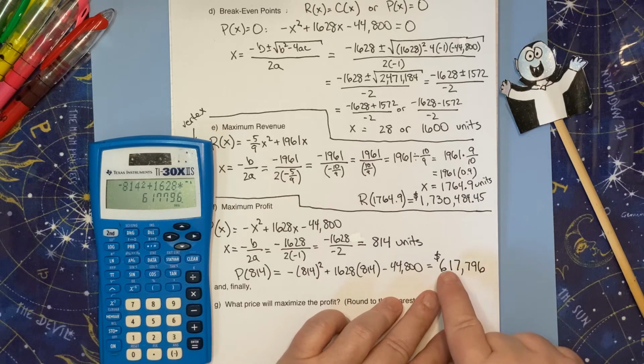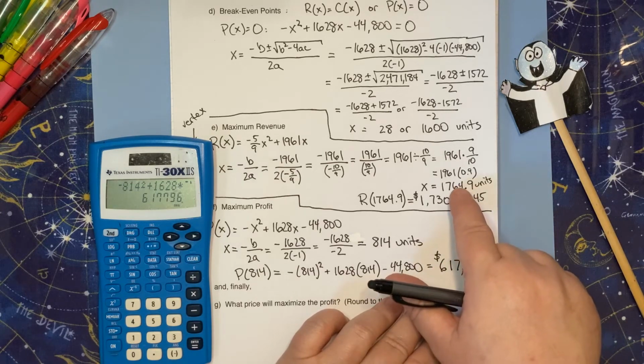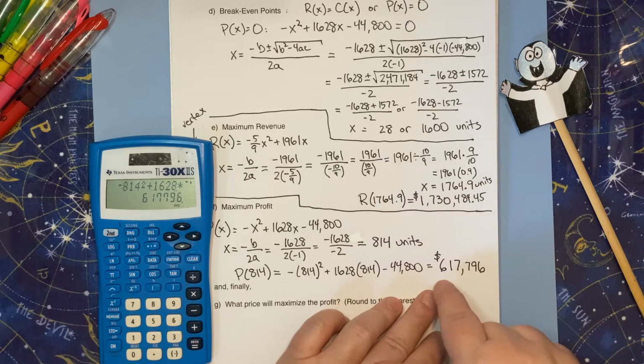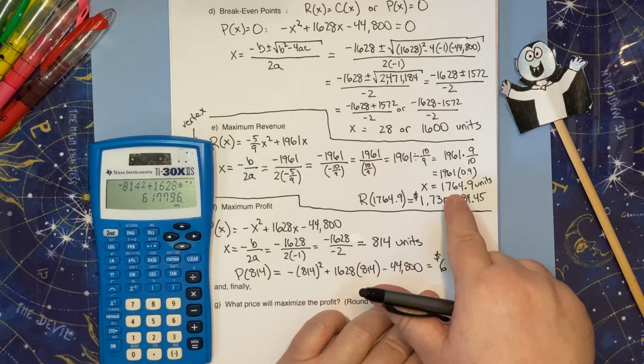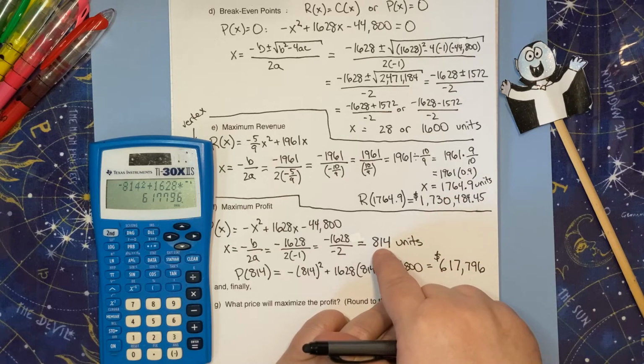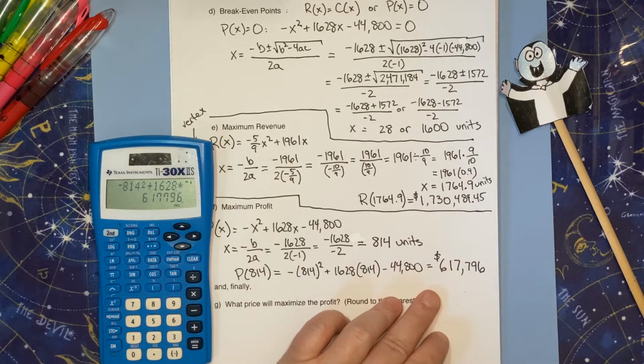And interestingly enough, because of the way that demand and the price interact, it turns out that I don't actually maximize revenue and cost and profit at the same time. The maximum profit is half the production. I maximize profit at 814 units, not 1764.